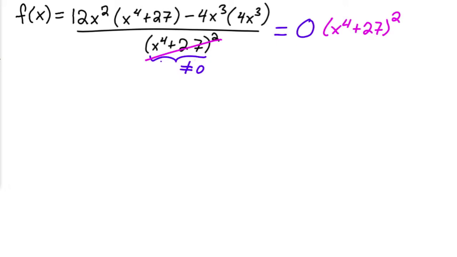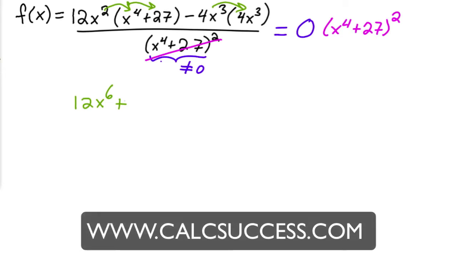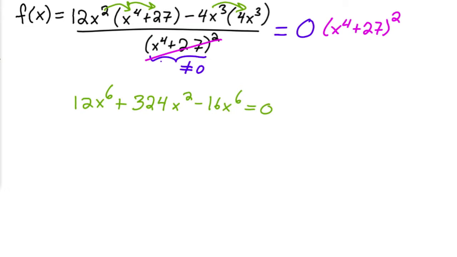Now the next thing I would do is simplify the top a little bit. Let me distribute these. So then what I would get is 12x to the sixth plus 27 times 12 is 324 x squared minus 16x to the sixth, and this is equal to 0.